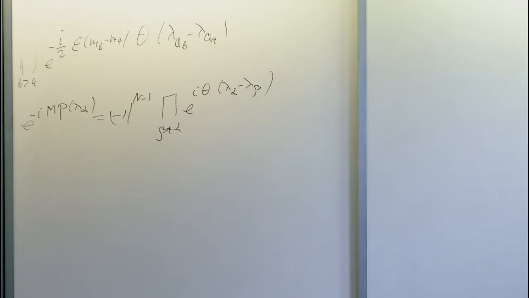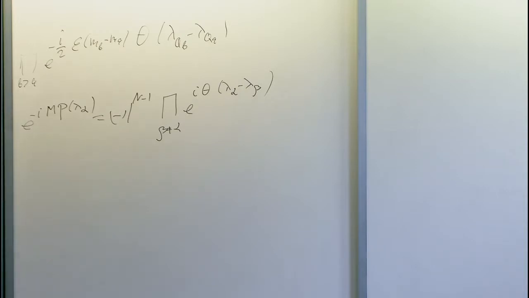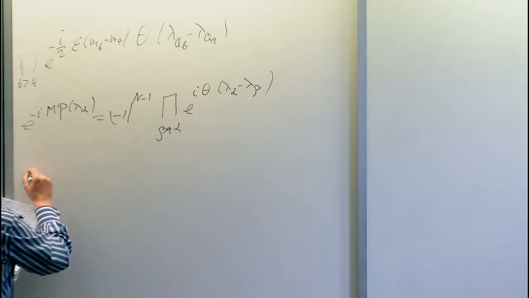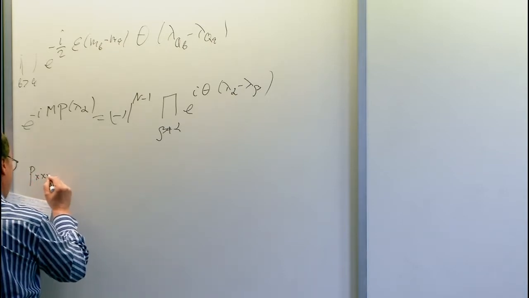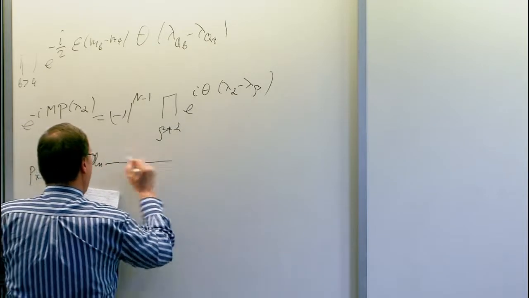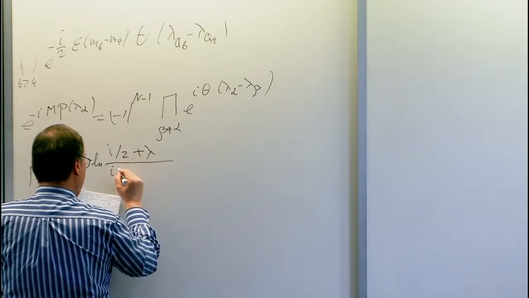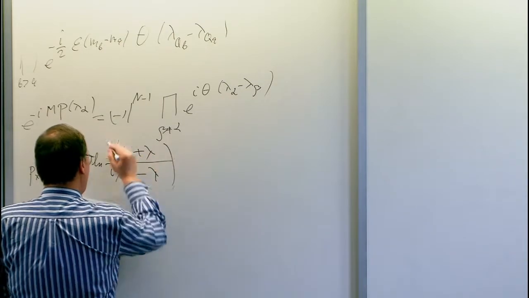And well, maybe this is for XXZ. XXX looks very, very similar. XXX is just the isotropic one, the first one which Heisenberg introduced. For XXX, I just have to change the parameterization. P will be i log of (i squared of -1), lambda the spectral parameter. This is under the log.